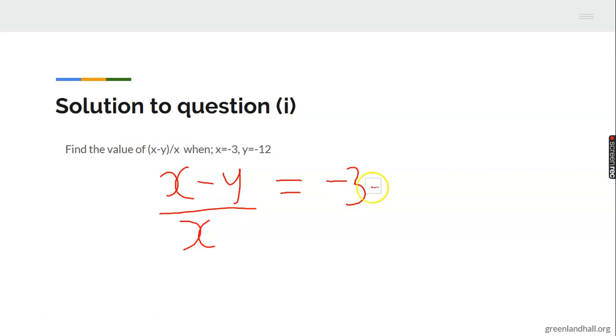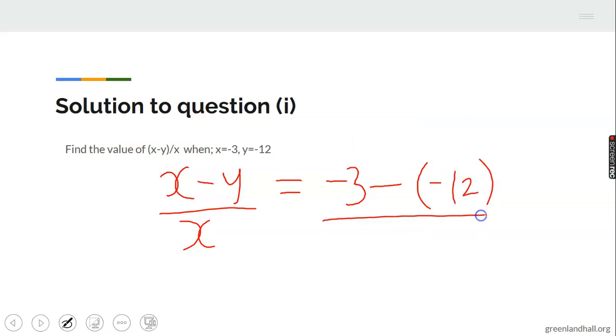Minus 3. Don't forget, this is minus. Minus. Your y is minus 12. All divided by minus 3. Now when you do that, minus times minus will give you what? Plus. And you are going to have minus 3.